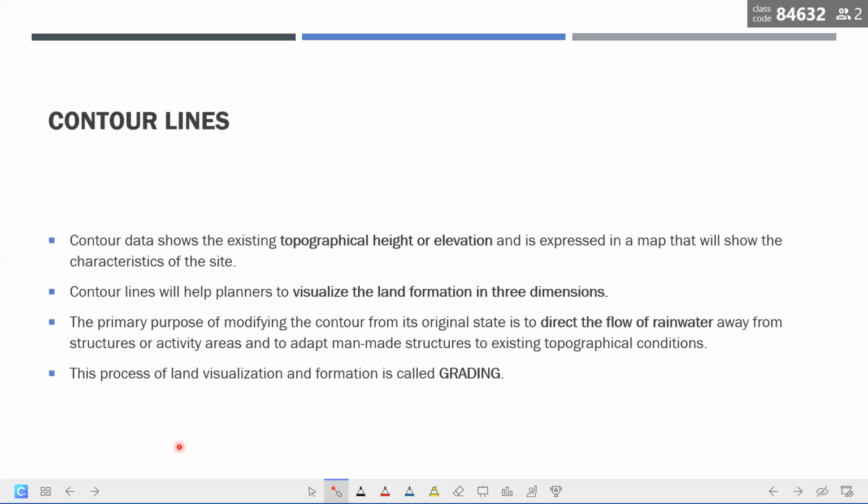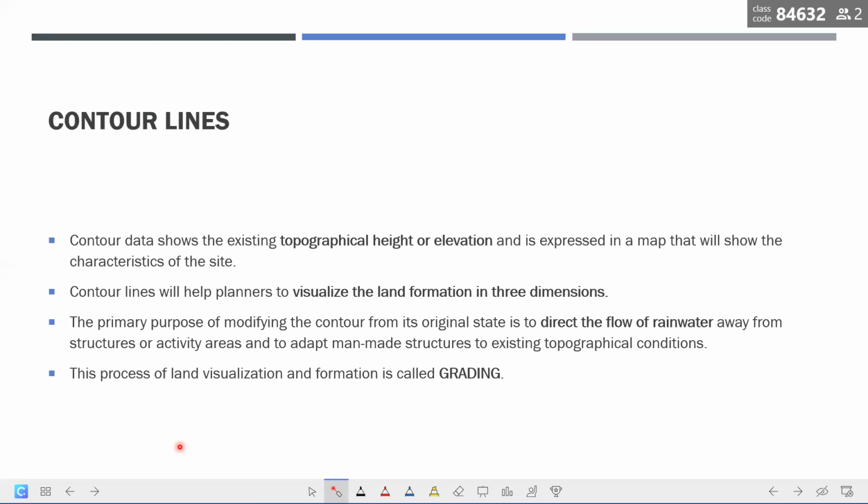Now, coming to site planning and site development, the primary purpose of modifying contours from their original state is to direct the flow of water, especially rainwater, away from structures or activity areas, and perhaps even to adapt man-made structures to existing topographical conditions.